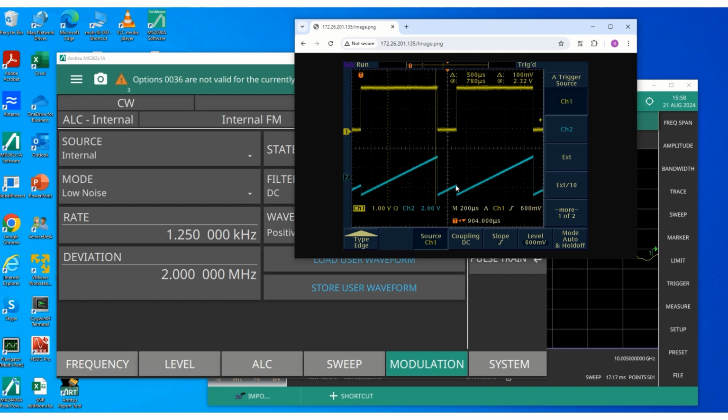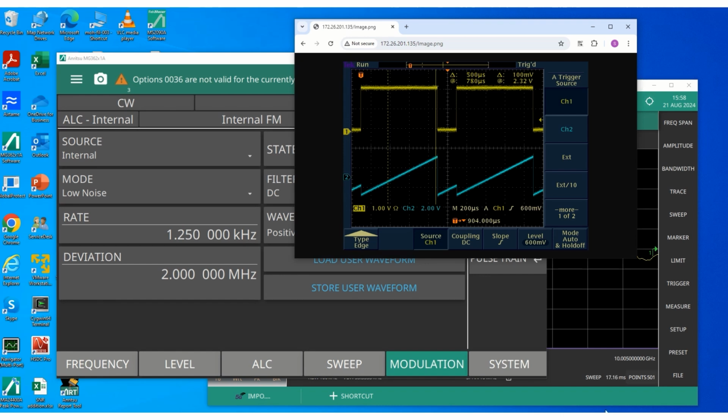So this is okay. The most important thing to remember here is to always adjust your ramp period to the pulse width. As long as you do that, you get your specified deviation within that chirp.